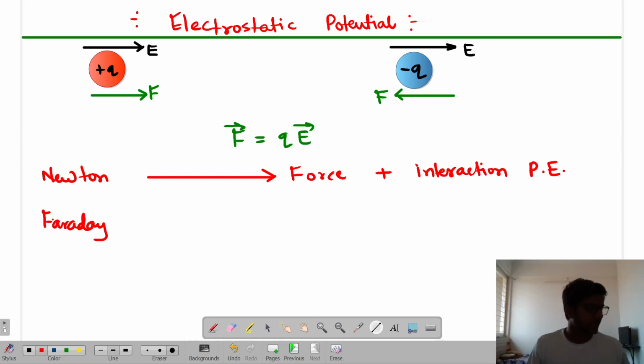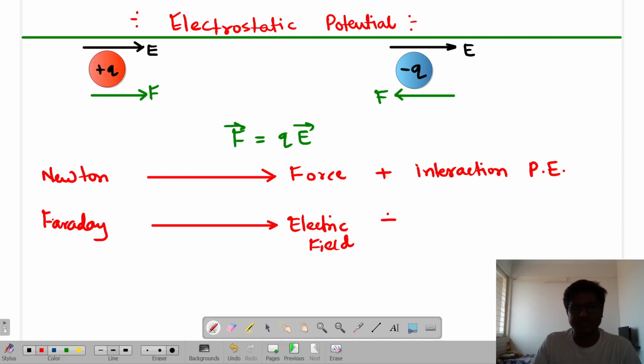So Faraday was there who actually gave us the idea that for our similar kind of force, there is a force which exists in electrostatic field and that is created by electric field. Are you able to get me or not? And then you know that anything which experiences force will have some interaction potential energy or not.